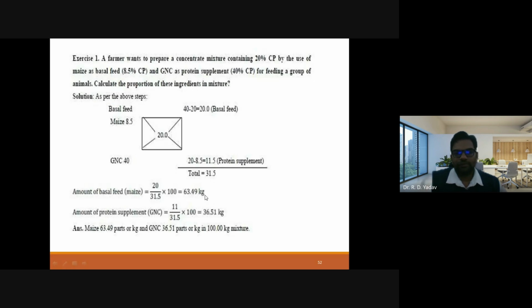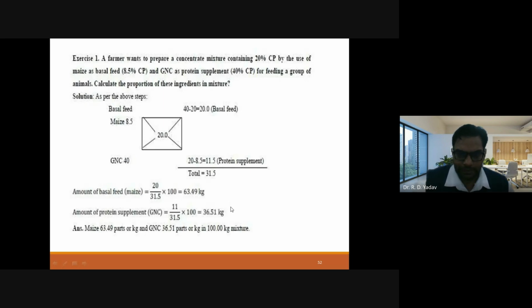So it comes to around 63.49 kg, and the protein supplement comes to around 36.51 kg. So in 100 kg, the maize will be 63.49 parts and GNC will be 36.51 parts. This formulation will provide a protein content of 20%.